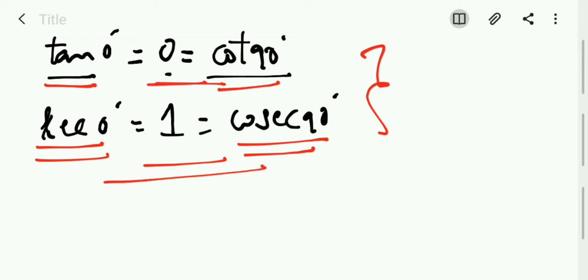Please remember that tan 0 must be equal to cot 90 and secant 0 is always equal to cosecant 90, because in the tables we got some values as not defined. So make sure you remember those values. Keeping all these basic things in mind, we shall start with the sums.